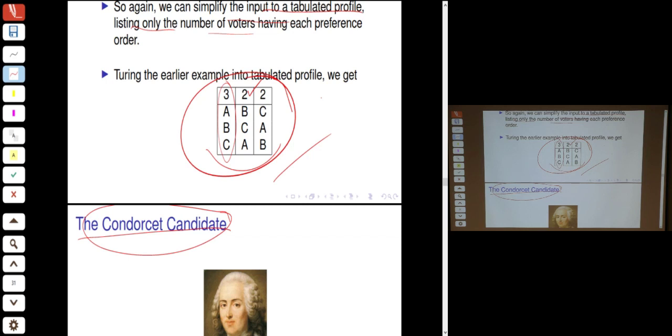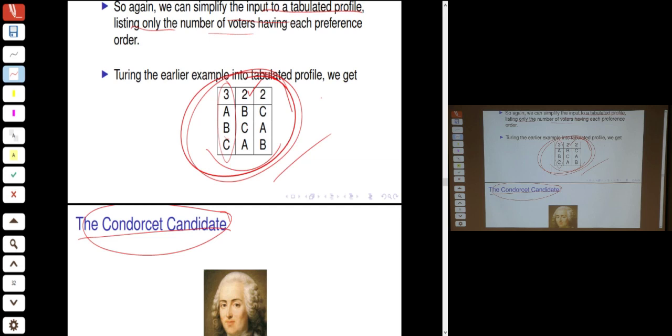When would that happen? A will be the Condorcet candidate for this voting profile if, when you just consider A and B, A is placed above B in a majority of the voting profiles. Similarly, if you compare A and C, then A should be placed above C by a majority of the voters.